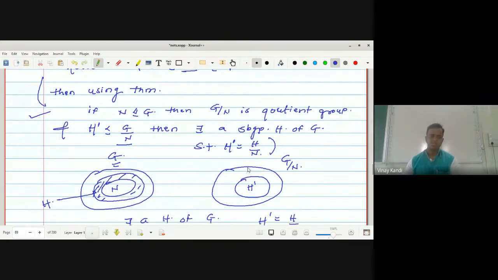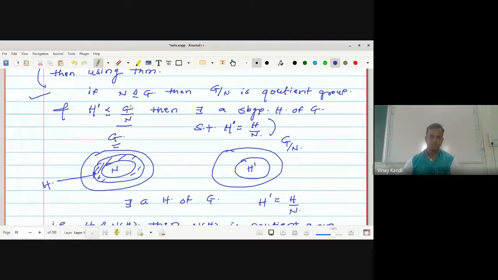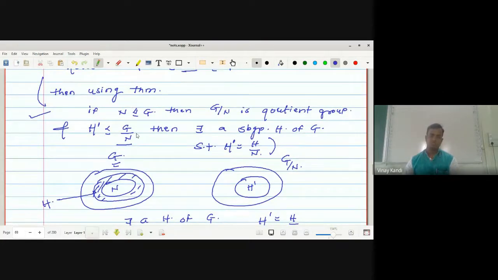Now, what is your N here? N is your H. In our theorem, H is a normal subgroup of the normalizer of H. Then N of H upon H is a quotient group. What is H dash? So K is what? A subgroup of it, correct?